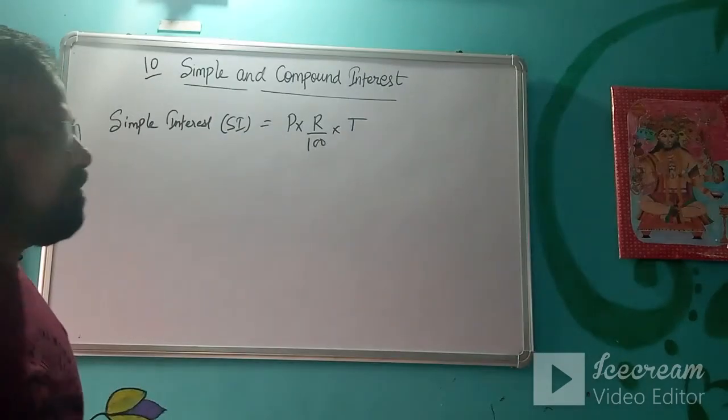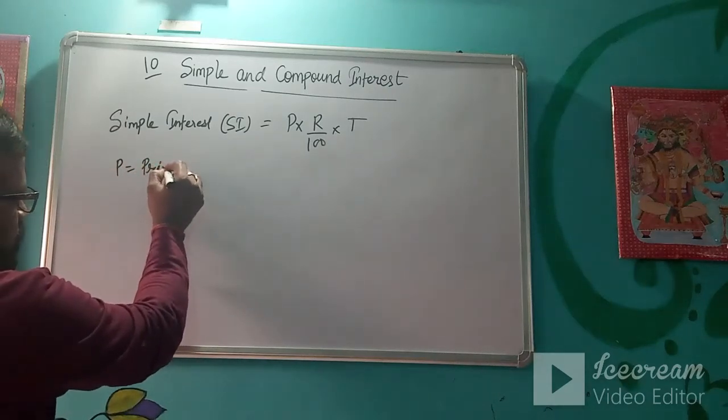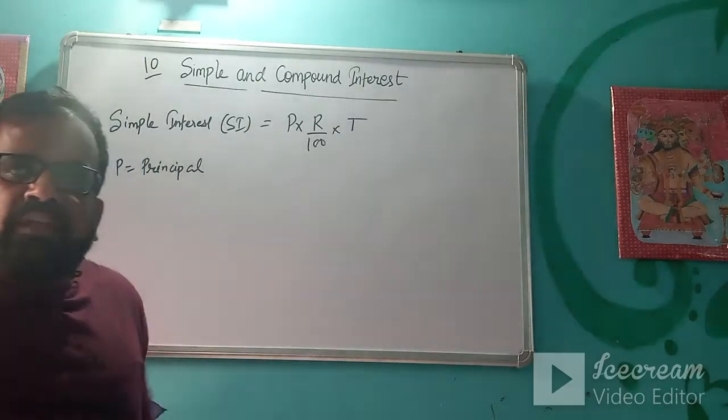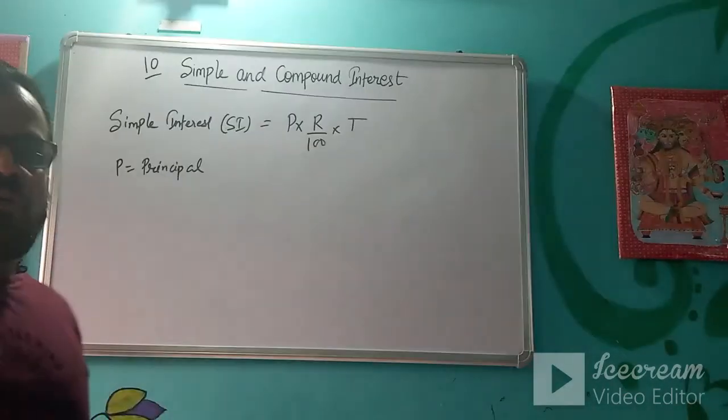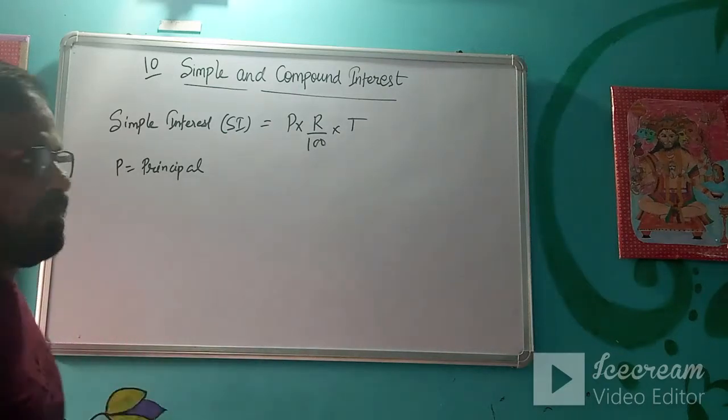That was the formula where P was principal. So principal is that amount that you have taken as a loan or you have given as a loan to some person. That is known as the principal.